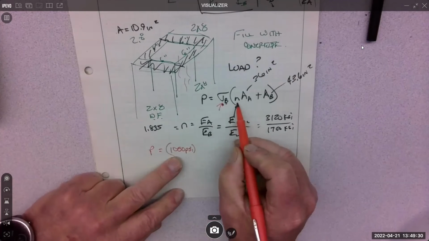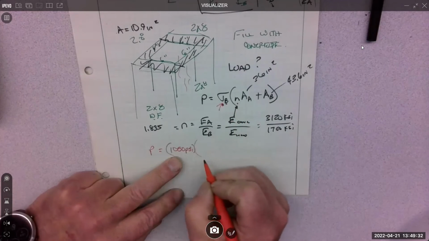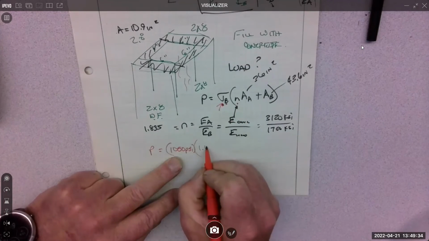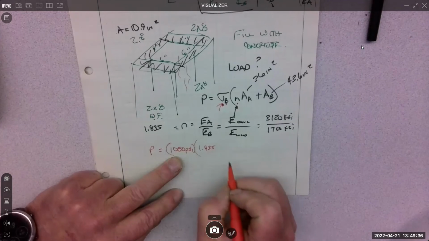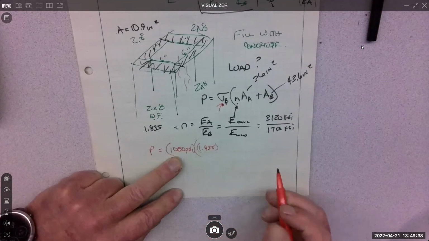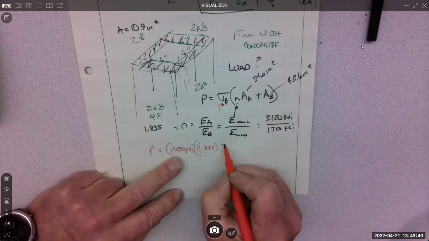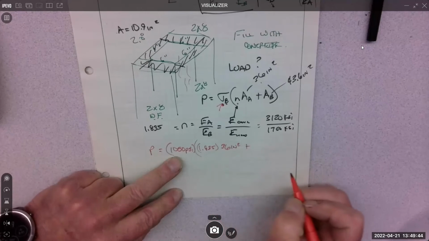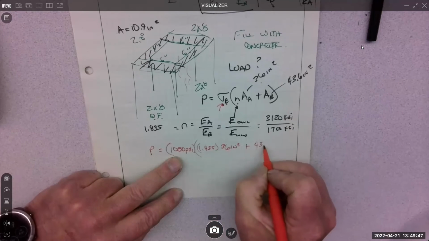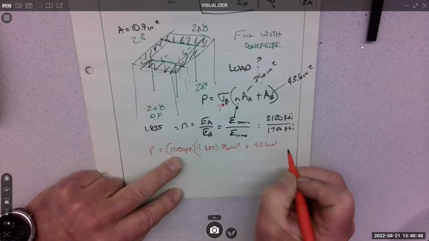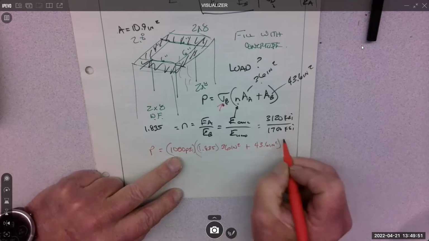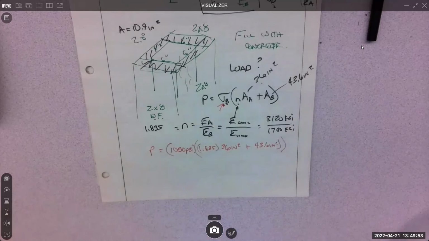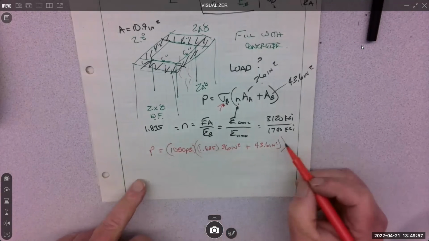Now I need my n, 1.835, times my area A, 36 inches squared, plus 43.6 inches squared, in brackets. I guess only one bracket. 2, 1, yeah.